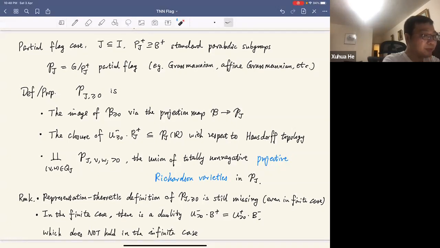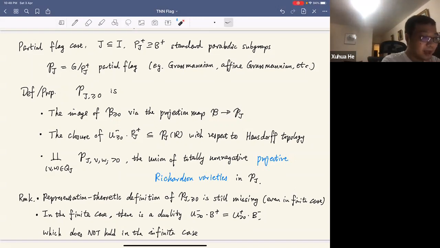One way is that we start with the totally non-negative part of the full flag, and then we consider the projection map from the full flag to the partial flag, and then we look at its image.